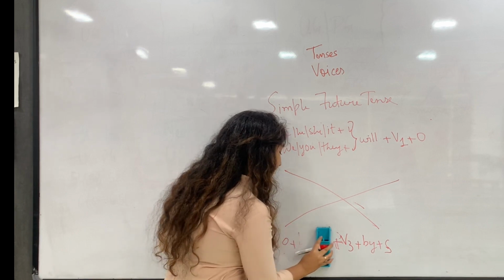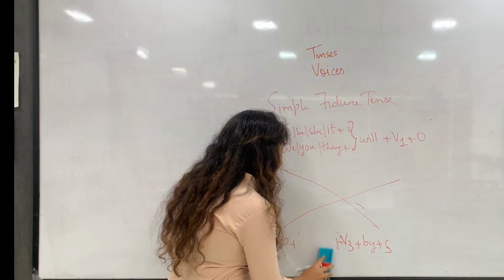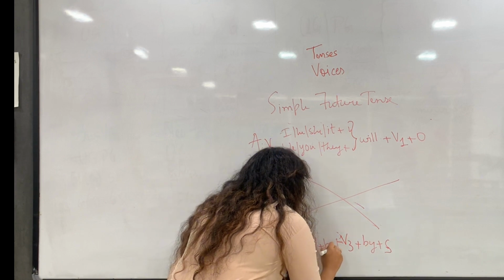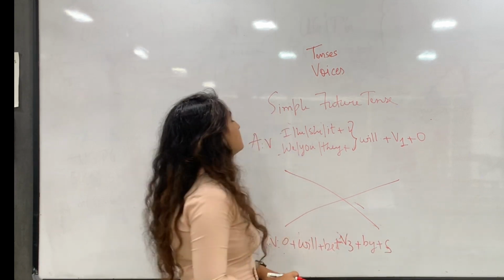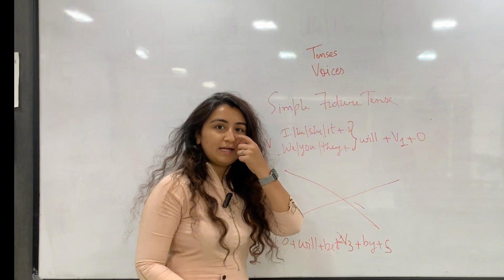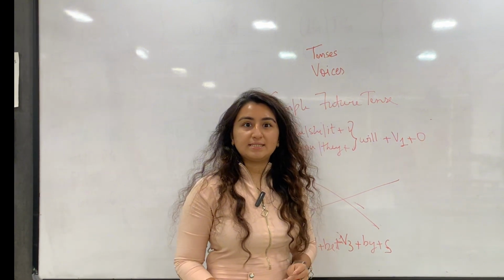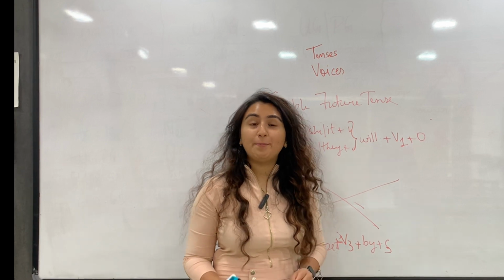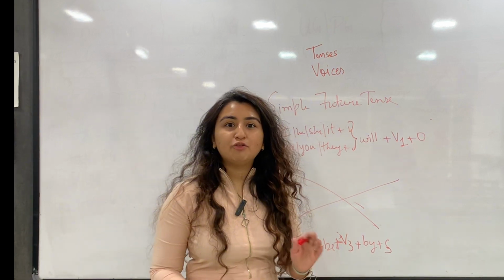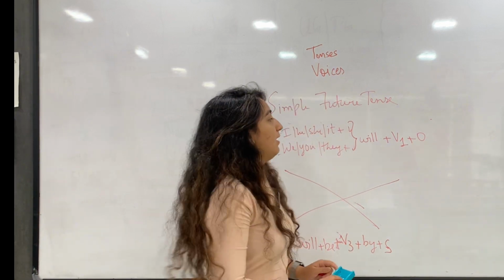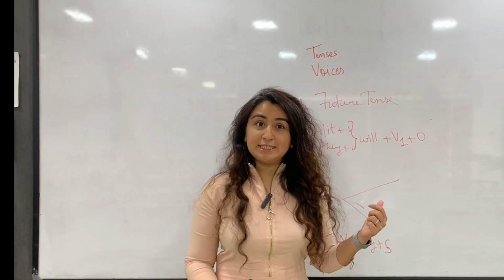Over here, will be plus V3 plus subject, right? This is how you go about with the tenses and voices. I hope both of these are clear. Future continuous and future perfect you do not use in IELTS. I hope all the tenses and voices are clear.